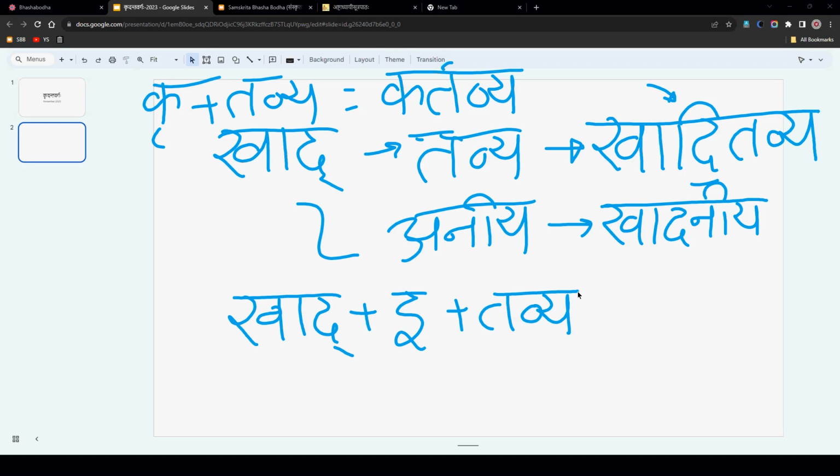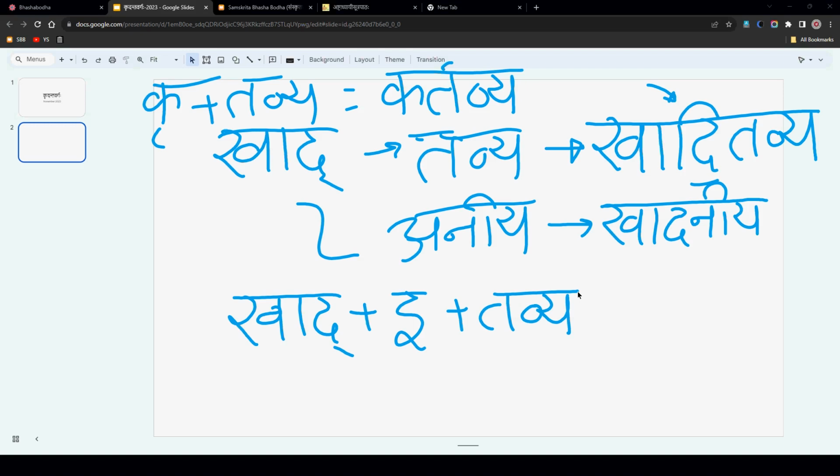And what else do we have? Snatavya, sthatavya, drashtavya, gantavya. Then E is not there in between. So in some cases E comes, in some cases E doesn't come. Now, why is this?